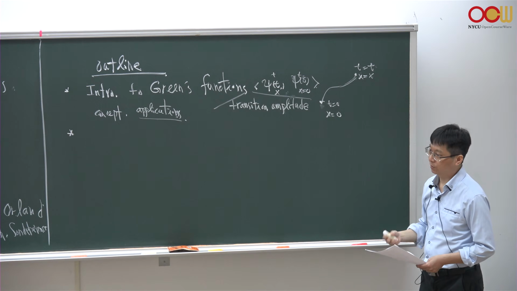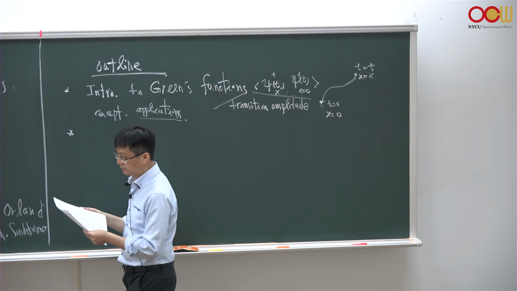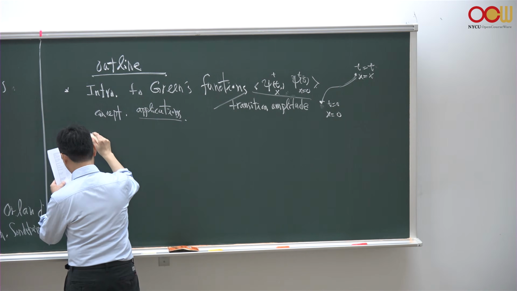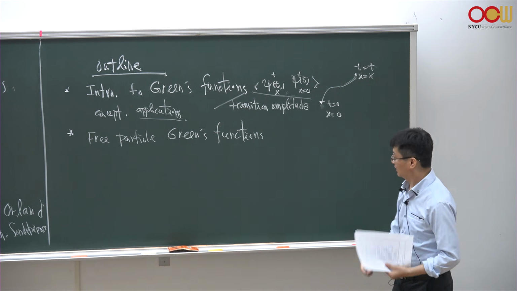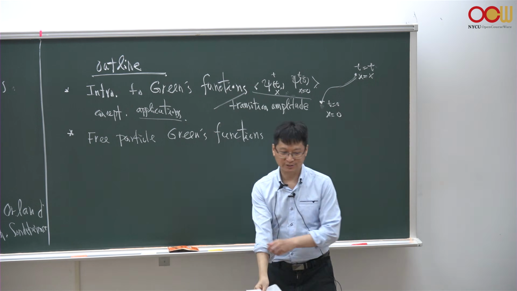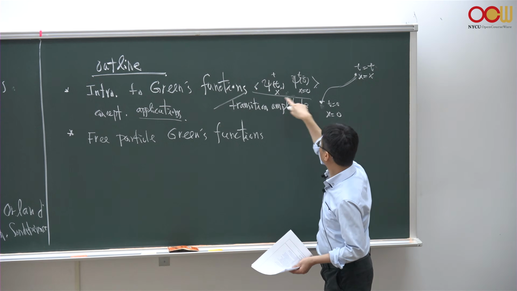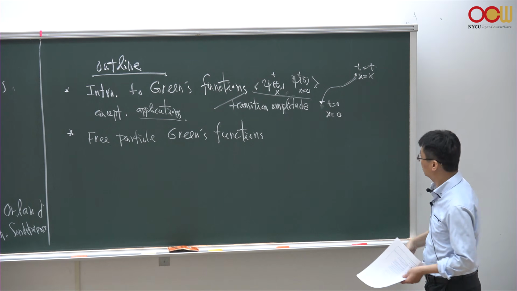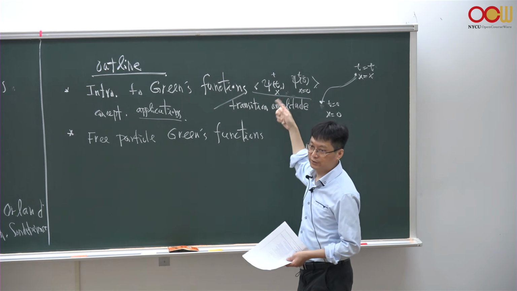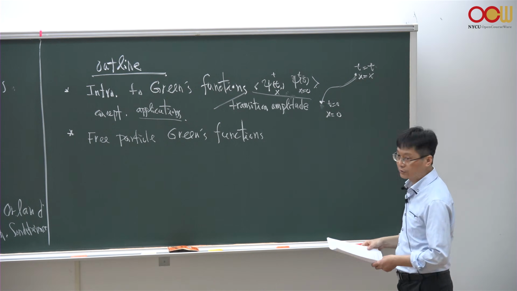After that, we will start from the very beginning, which is the free particle, and we can define Green's function for free particles. That's trivial, but it's not so trivial. As I mentioned, in your single particle quantum mechanics you may have found this quantity, but I believe that you have not studied or learned the Fourier transformation of that Green's function in momentum and frequency space.